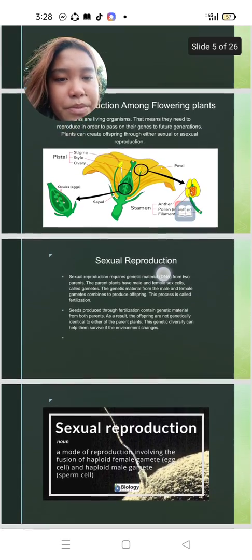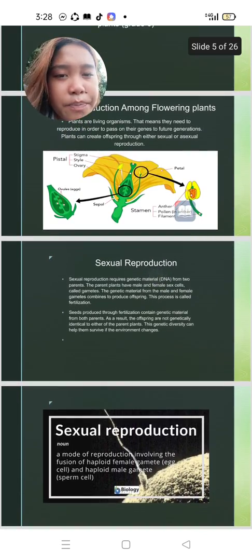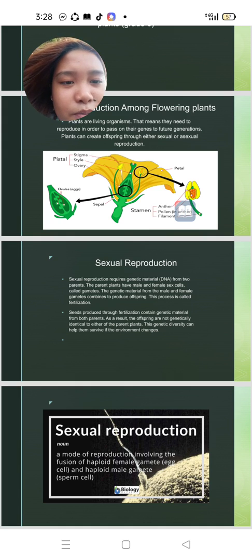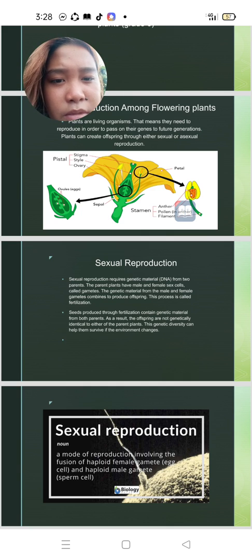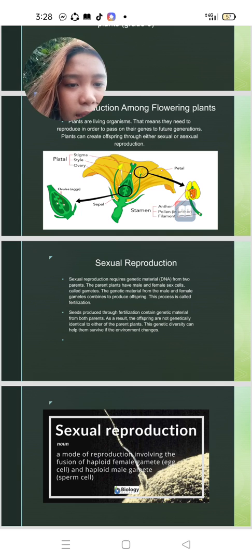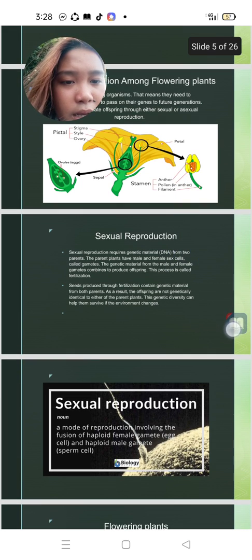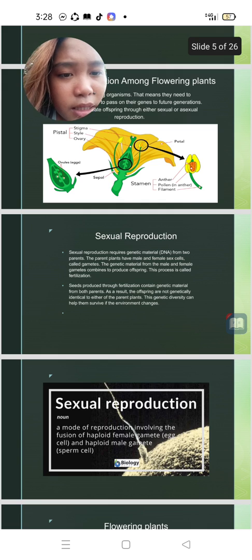So this is the picture, guys. Here we can see the pistil, and in the pistil we can also see the stigma, style, and the ovary of the plants, of the flowers. There is also the petal. In the stamen we can see the anther, the pollen in the anther, then the filament.